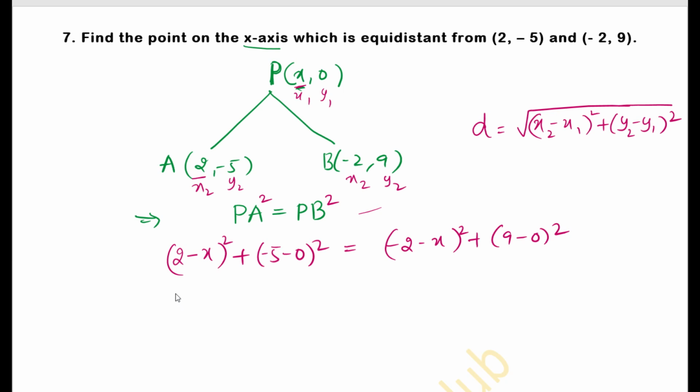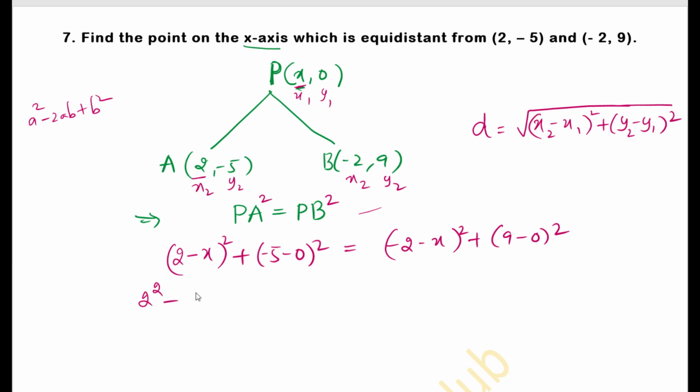Now what is 2 minus x the whole square? By applying the a minus b the whole square formula, what is a minus b whole square? a square minus 2ab plus b square.